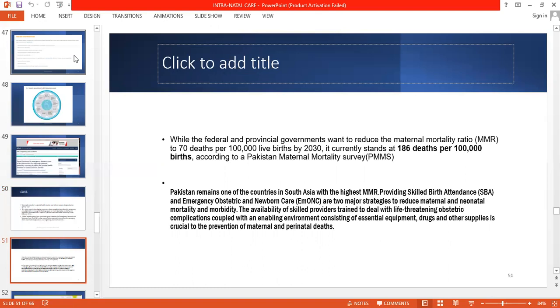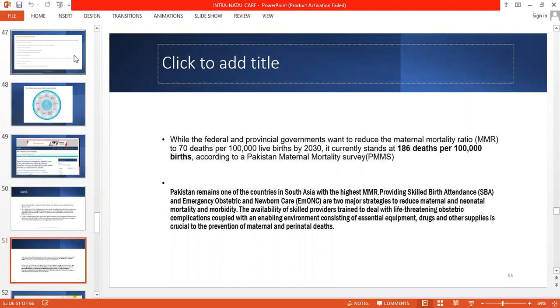The federal and provincial governments want to reduce the maternal mortality ratio by 2030. It currently stands at 186 deaths per hundred thousand, according to the Pakistan maternal mortality survey. Pakistan remains one of the countries in South Asia with the highest MMR, and there is a need to provide skilled birth attendants. Skilled birth attendance and emergency obstetric and newborn care are two major strategies which can help reduce maternal and neonatal mortality and morbidity.